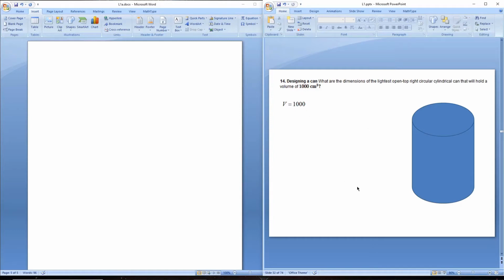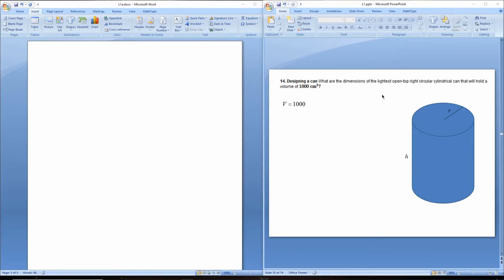So we'll write that down. And we need to label our picture. So here's where we're going to have to dig into your brain on how to know the dimensions of a right cylinder. But we need the height. And we would need the radius of the circle. So we've put all our information here.